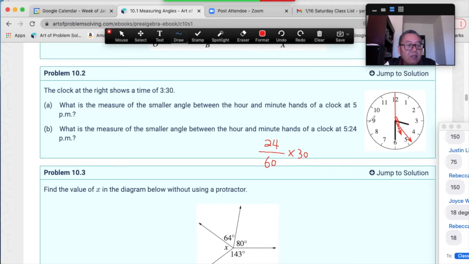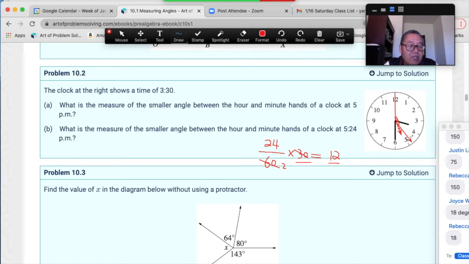So each hour the hand will move 30 degrees. By this way, we can simplify this, and that means we get 12. So the hours hand past the 5 o'clock is 12 degrees.